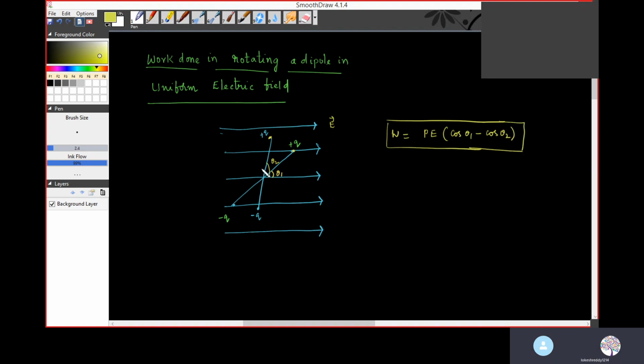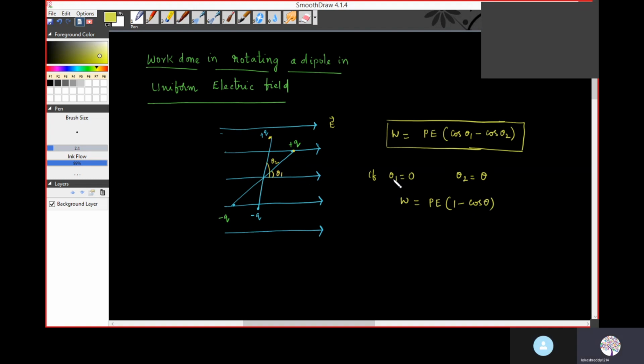Now, initially if it is along the electric field, then theta 1 is equal to 0. Theta 1 equal to 0 means initially it is along the field. Now you rotate it to an angle theta, which means theta 2 is equal to theta. Then work done is equal to PE into cos 0 minus cos theta.